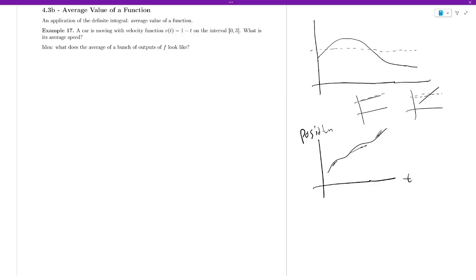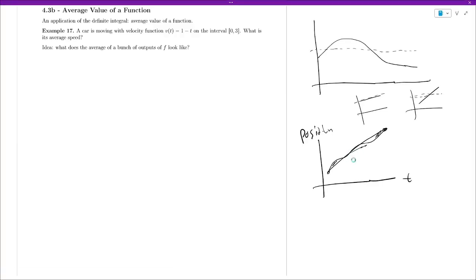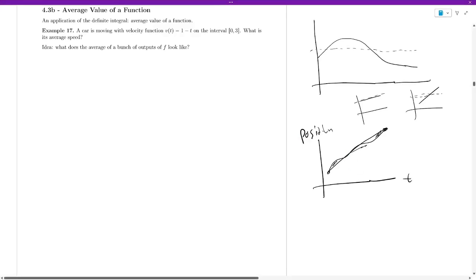But if I did this average speed, from the beginning to the end, kind of ignoring the up and down bumps, I'd get there in the same amount of time. So that's another way to think about average speed. So anyway, what I want to think about is what the heck this has to do with an integral, right?